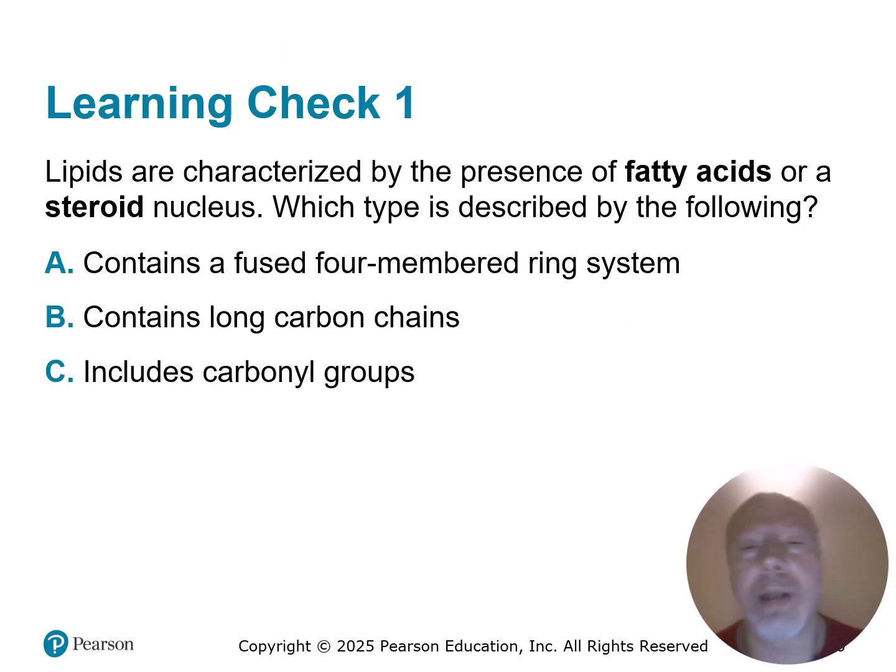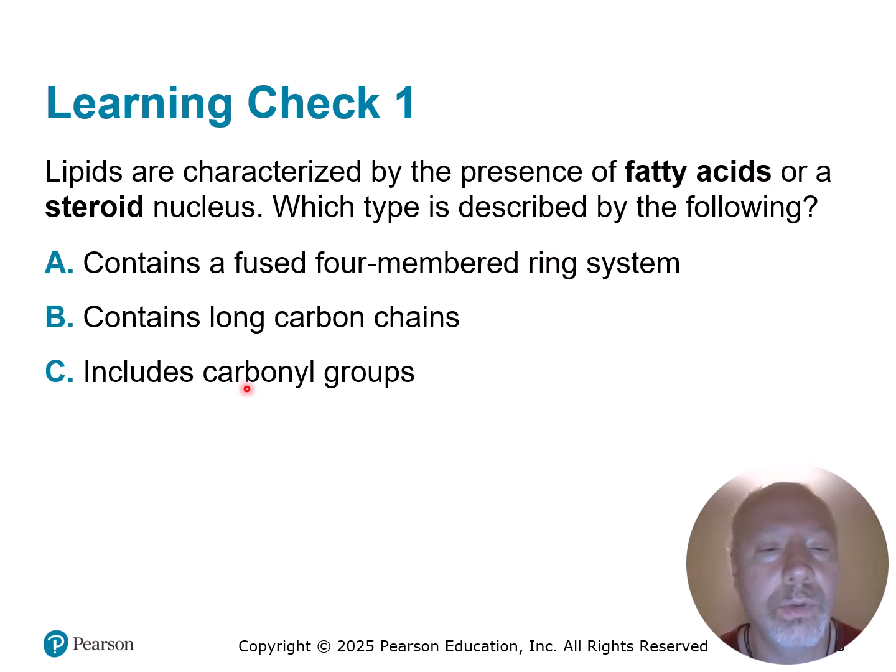So, how do we characterize these fatty acids and steroids, which are both lipids? If we see something that contains a fused four-ring system, we should automatically say it's going to be the steroid nucleus, which is a bunch of rings. If it contains a long carbon chain, it's a lipid, probably a fatty acid.